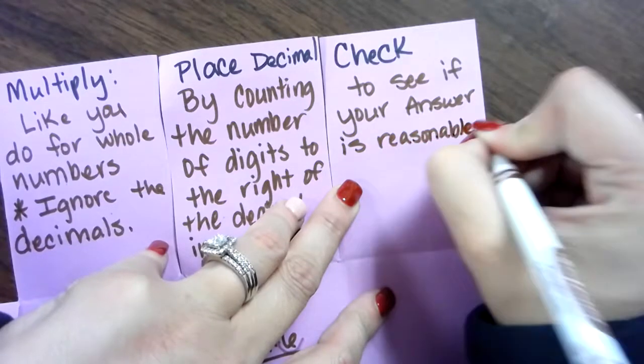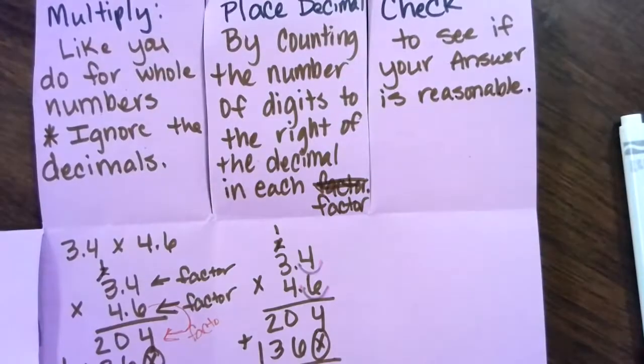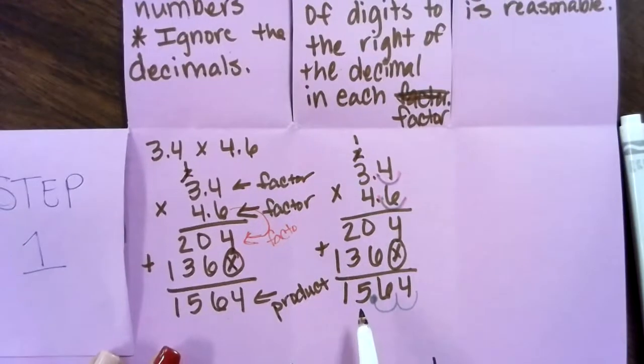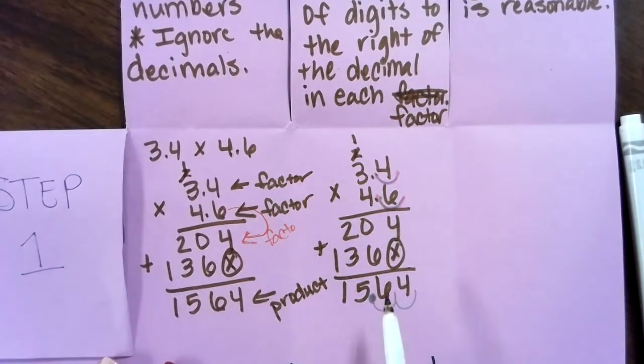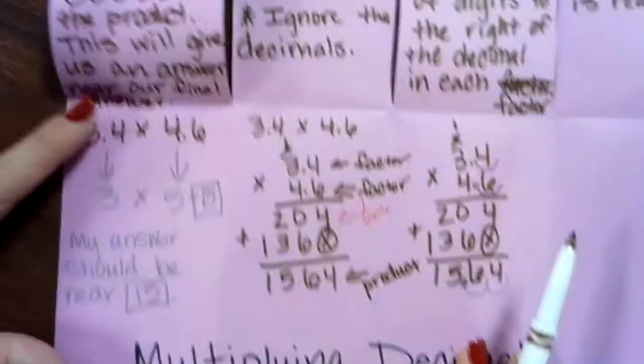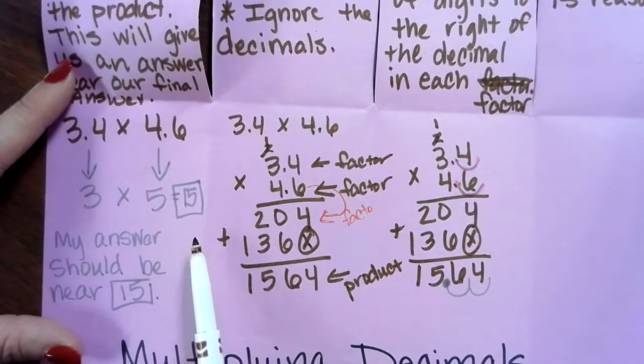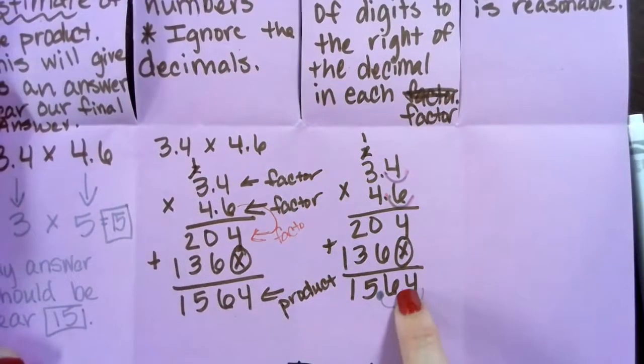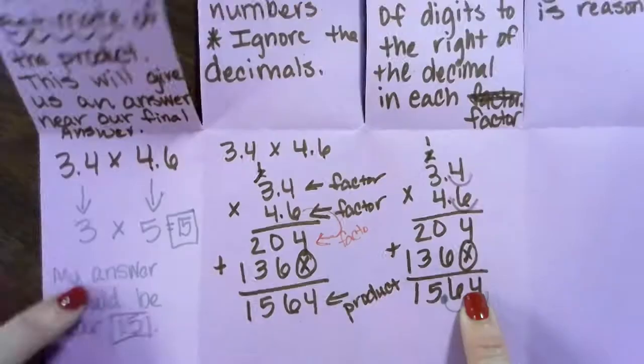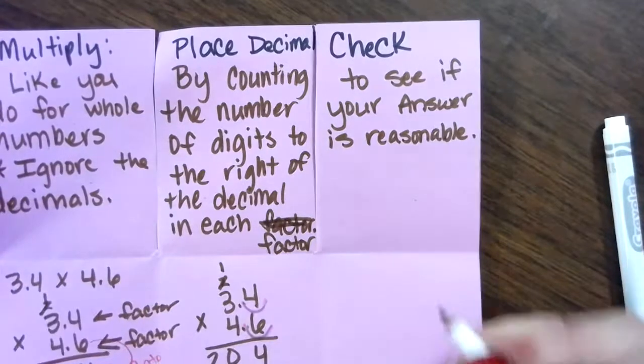After you place your decimal, you should be able to look back and say, okay, I have $15.64 or 15 and 64 hundredths. Is that close to 15? Yes. If I would have put that decimal over here, that'd been 156. Is that close to 15? No. So check to see if your answer is reasonable.